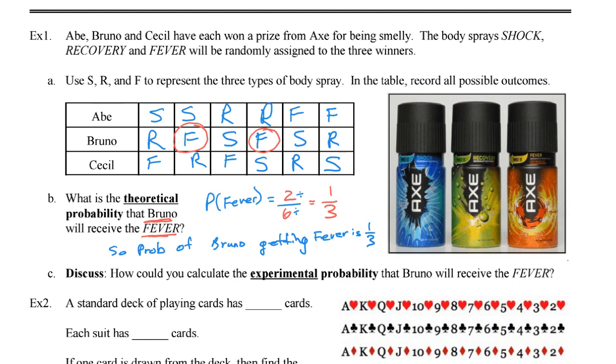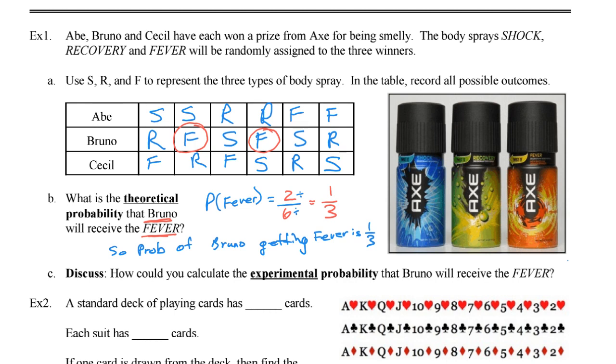So now, the next question I'd like you to consider is, how could you calculate the experimental probability that Bruno will receive the fever? Okay, so the experimental probability is the number of successful trials divided by the total number of trials.